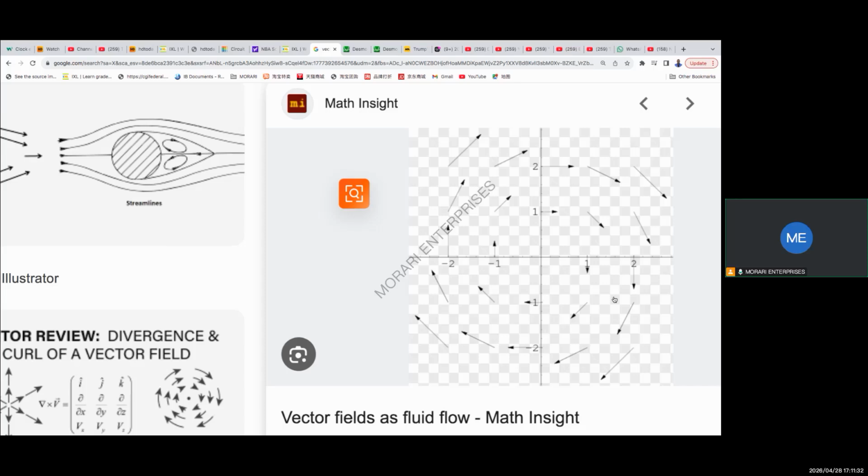The speed increases. Just by looking at this, you have an understanding of the vectorial representation of this flow. Here the speed is a little low. As we are going outside, these lengths are becoming longer. So that's a very good representation.